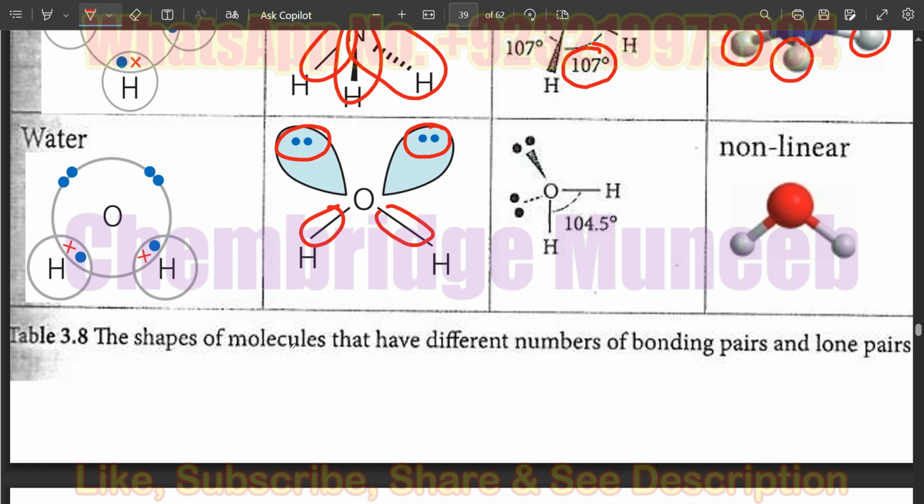Not sure. Lone pair to lone pair repulsion is greatest, and lone pair to bond pair repulsion is less than this one, and the least repulsion between the electron pairs is bond pair to bond pair.